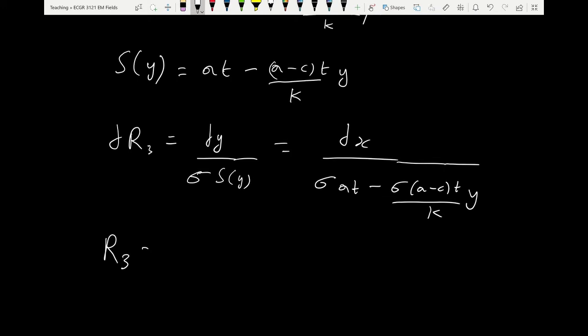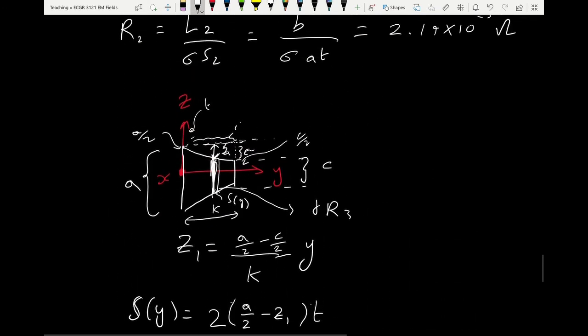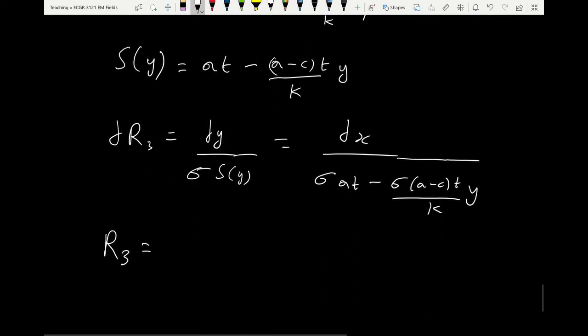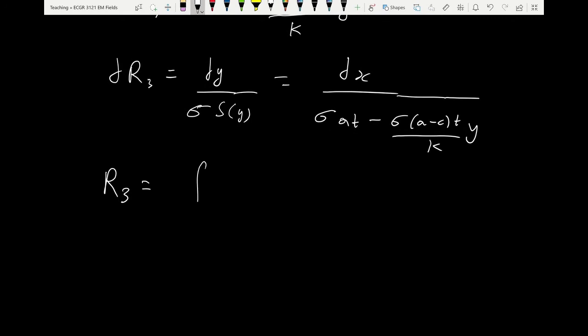What about the integral now? What about the whole resistance? The whole resistance is now just the integration. We want to sum up all those segments from 0 to k, right? We're summing up a bunch of series resistors. So R3 is going to be just the integration from 0 to k. I want to now take out sigma at because they are common, right?